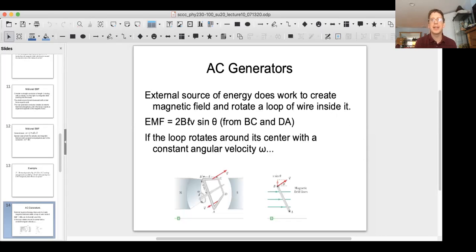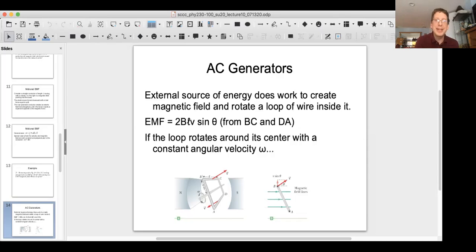So that brings us to an AC generator. So you have a conducting loop. We'll make the conducting loop rectangular, although the final equation applies universally, but we'll make it rectangular for simplicity. So you have some form of energy, whether it's the wind, heat from burning gas or coal, heat from splitting an atom, something supplying energy that turns the loop of wire, the coil of wire, with an angular speed omega.